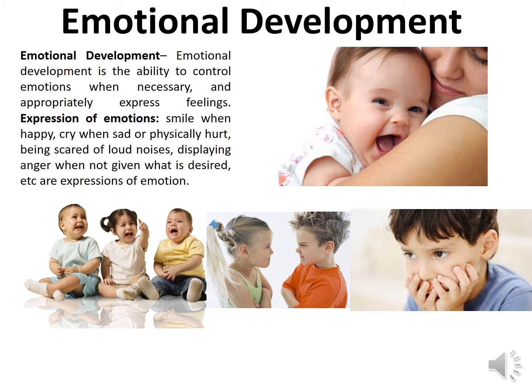For example, they have to smile when they are happy, cry when they are sad. These are the perfect reactions or responses in a given situation, and they have to give feedback. So this is called emotional development.